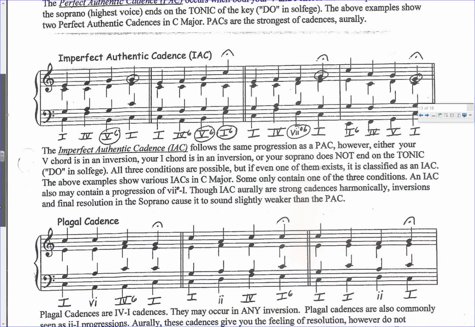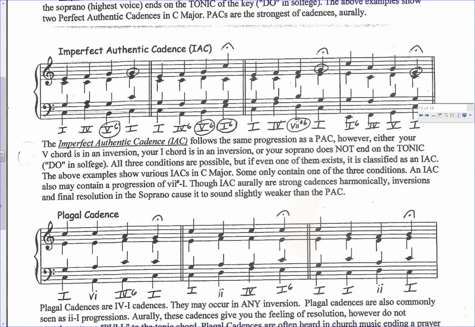Now if we look down here, we have the imperfect authentic cadence, known as IAC. Here are 4 measures, each containing an imperfect authentic cadence for the last 2 chords. The imperfect authentic cadence follows the same progression as a PAC. However, either your 5 chord is in an inversion, your 1 chord is in an inversion, or your soprano does not end on the tonic.